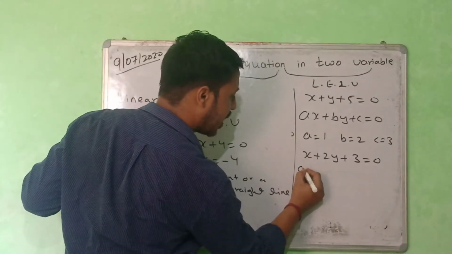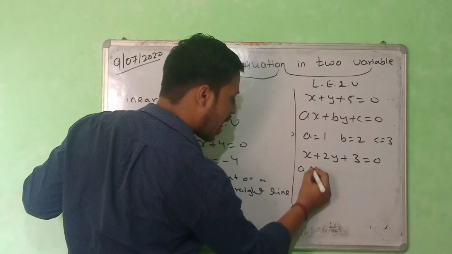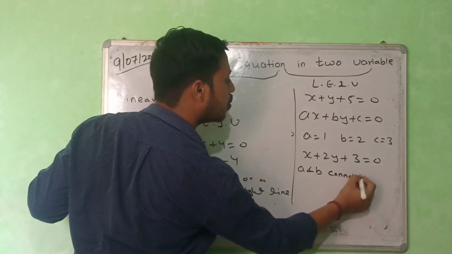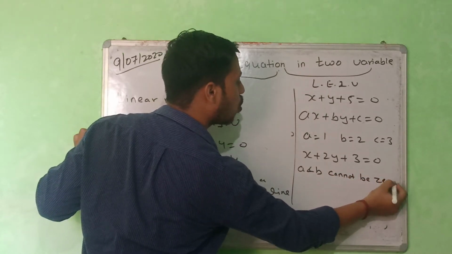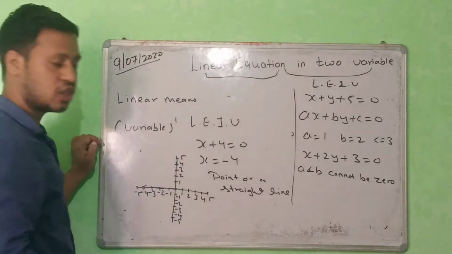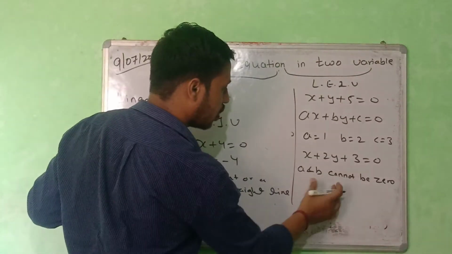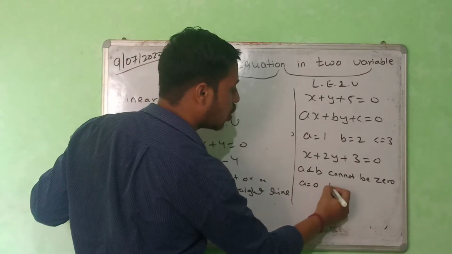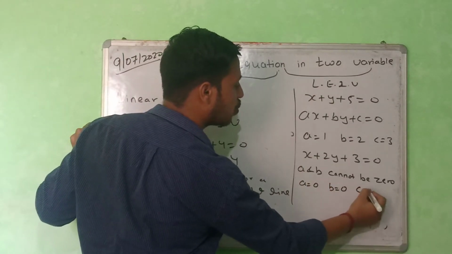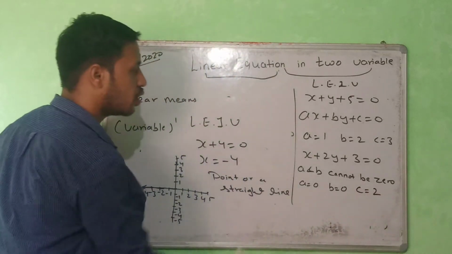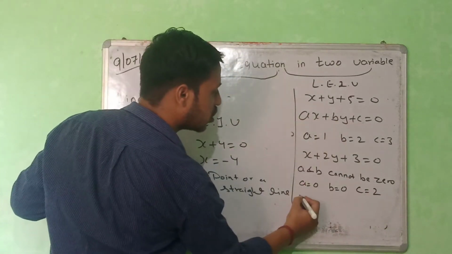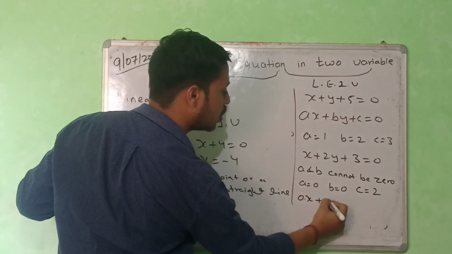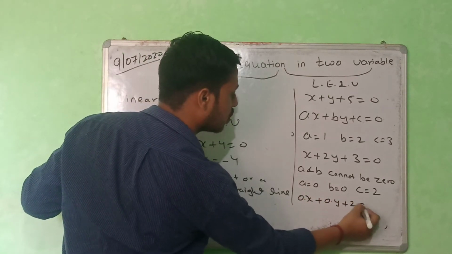Here a and b cannot be 0. Why am I saying this? Look here. If I put the value of a as 0, b as 0, and suppose c is equal to 2, and put the values in this general equation, a is 0 dot x plus 0 dot y plus 2 equals 0.